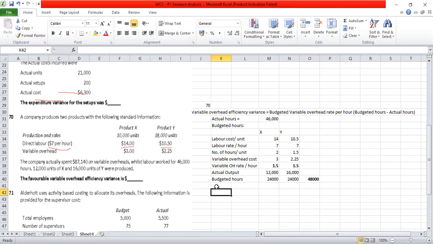So let's put this formula: variable overhead efficiency variance is equal to 1.5 in bracket, whichever is higher, 48,000.